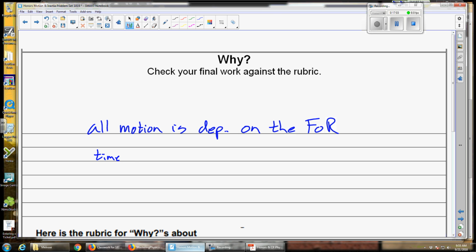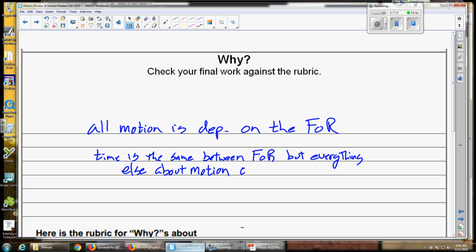Time is the same between frames of reference, but everything else about motion changes.